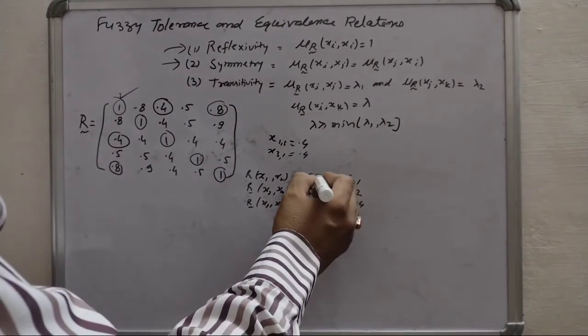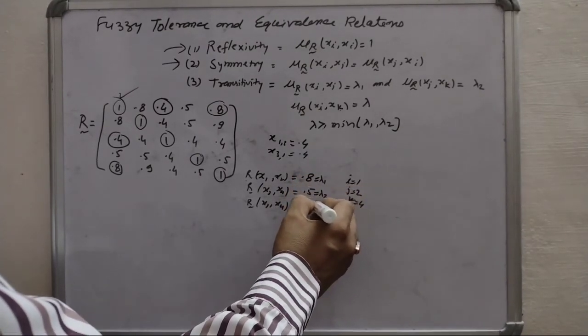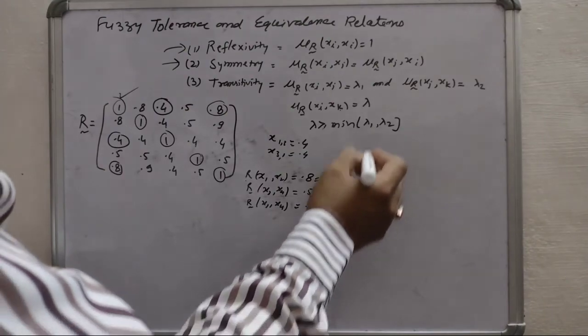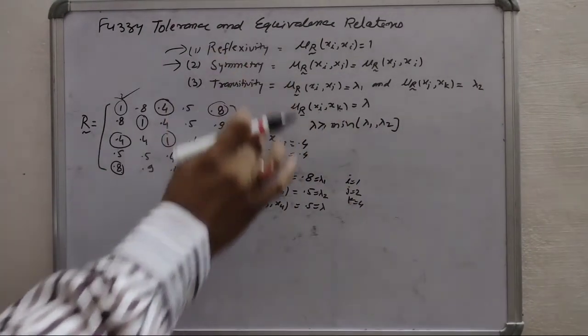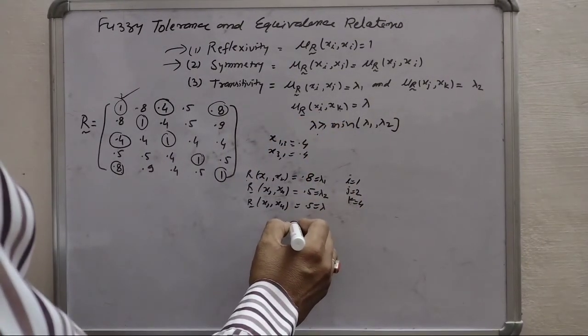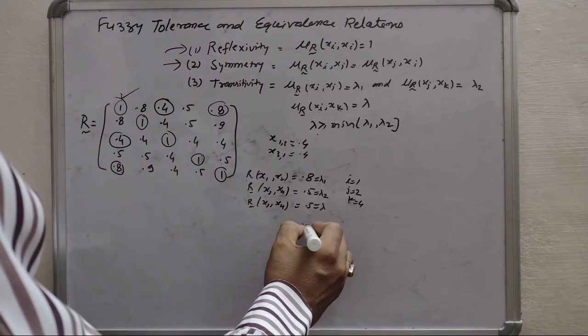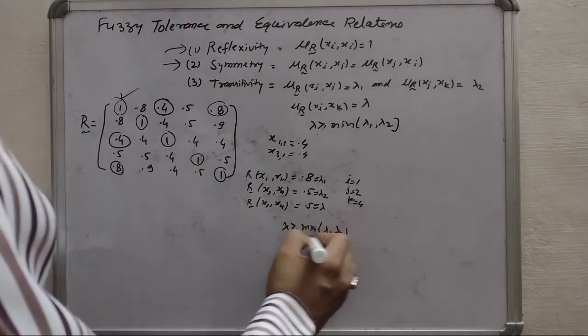So if this is lambda 1, this is lambda 2 and this is lambda. Now our condition of transitivity is that lambda should be greater than or equal to the minimum of lambda 1 and lambda 2.